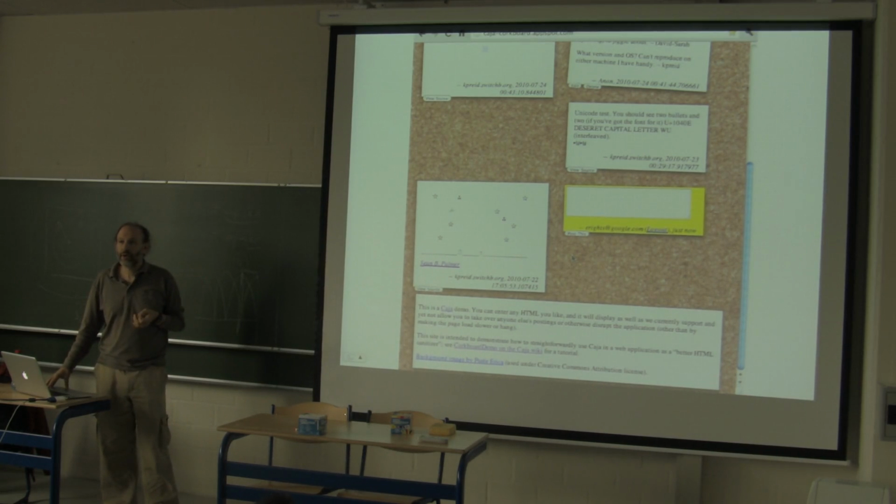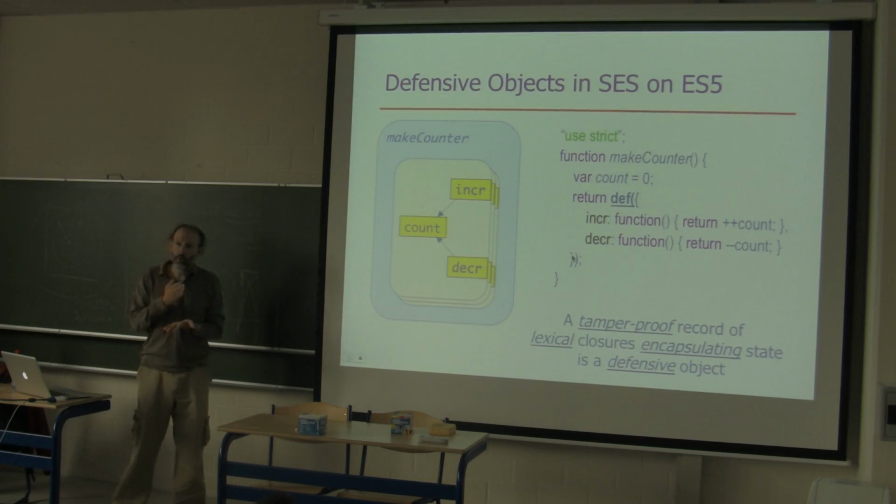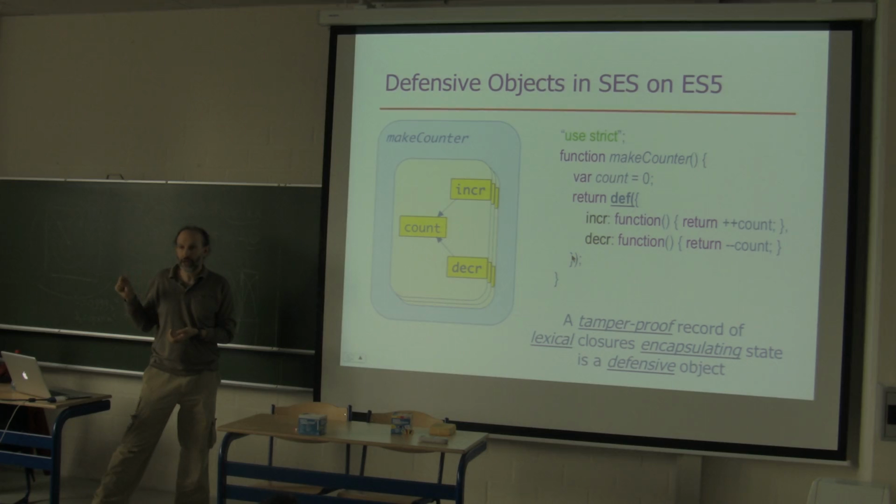Yes? Could you give the intuition, how do you implement def? So the important starting point is that EcmaScript 5 has built into it a new primitive called object.freeze. So for purposes of this talk, wherever you see def, if you simply wrote a direct call to object.freeze, these objects would have enough integrity to sustain everything I'm talking about in this talk.